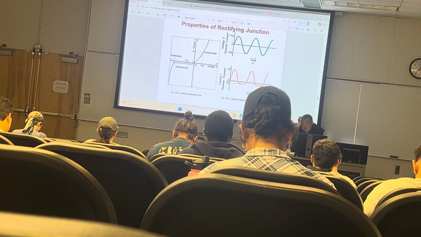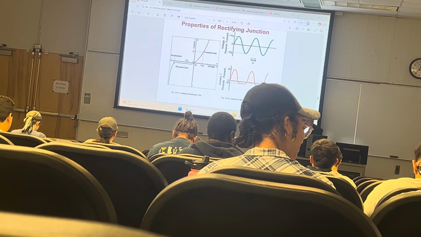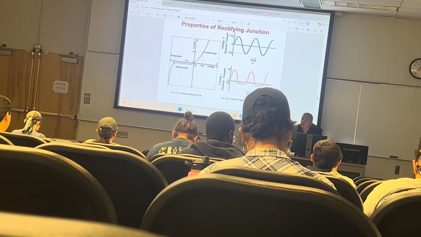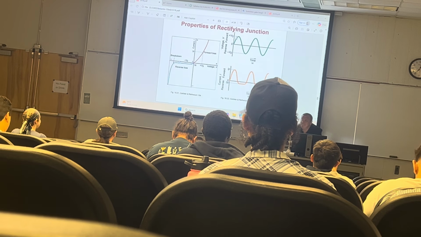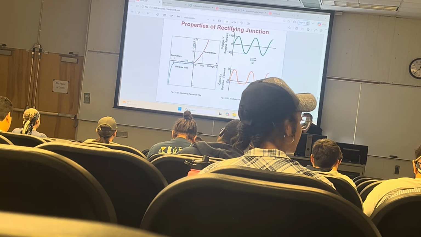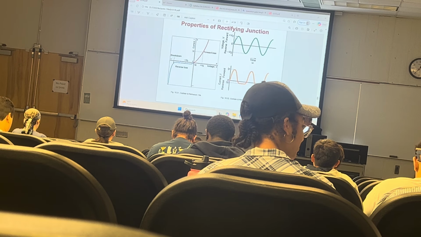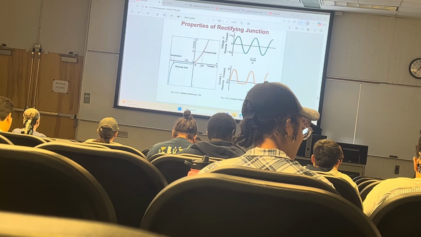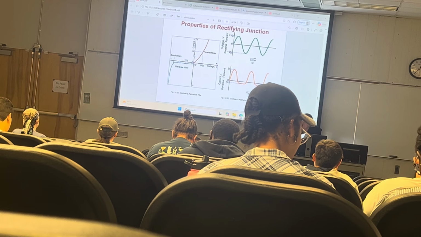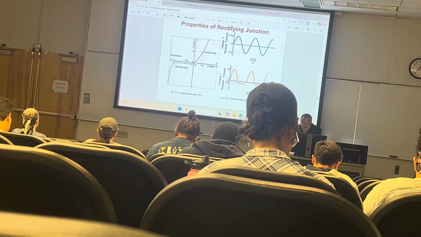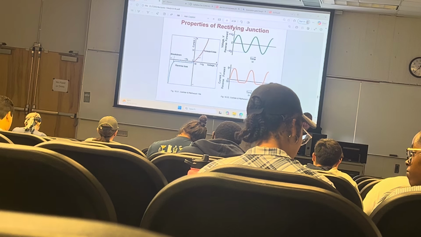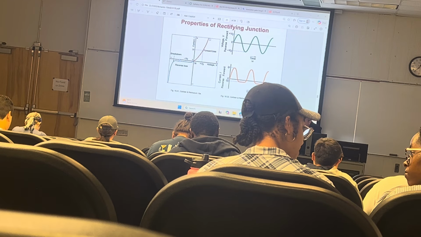So if you take what's called an IV curve, IV stands for, does anybody know what IV stands for? Current voltage characteristics. So we're plotting voltage on the horizontal scale and the current on the vertical scale. And then for the forward bias, for the plus, this is the curve.